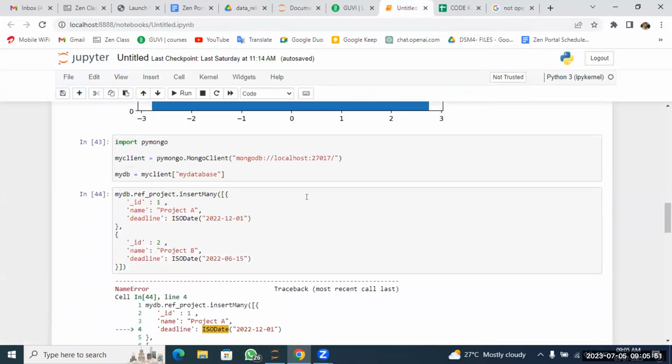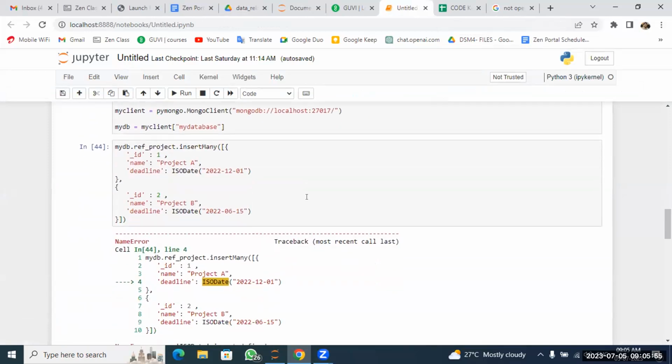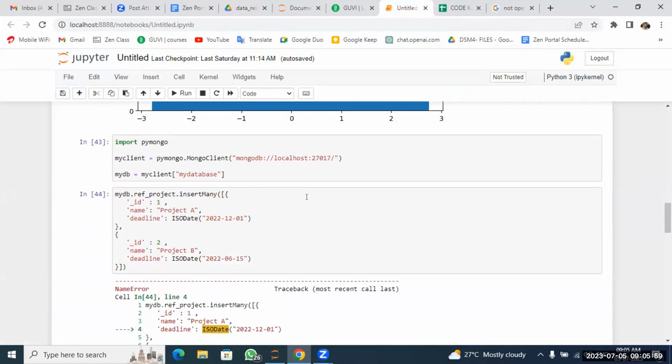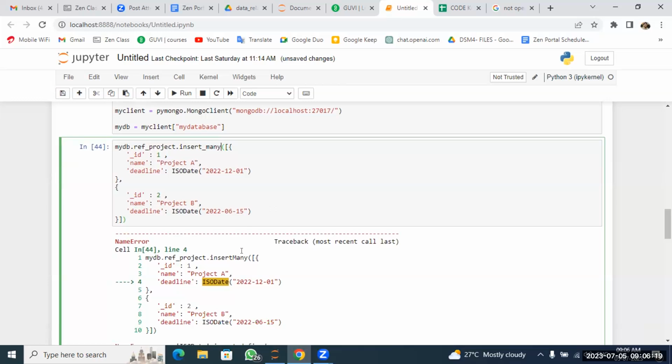Okay. Do we have insert many, was it just like that only? I mean, was insert underscore there or not? Insert many is for MongoDB, not for Jupyter notebook. No, actually this file got modified.